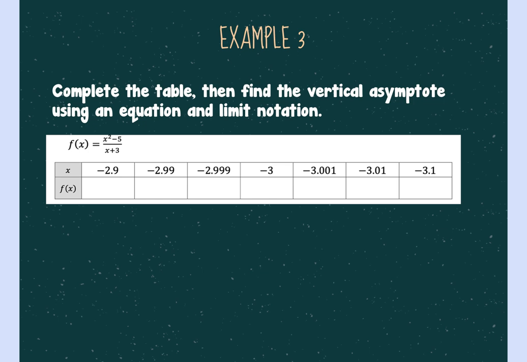This time those values are small enough that it would probably be on my screen. So if you wanted to try to just use your value button instead of doing your y1, you can just go to your second trace and go to value, type in -2.9. Oh, it gives it to you in a fraction, but you can always switch it to decimal.